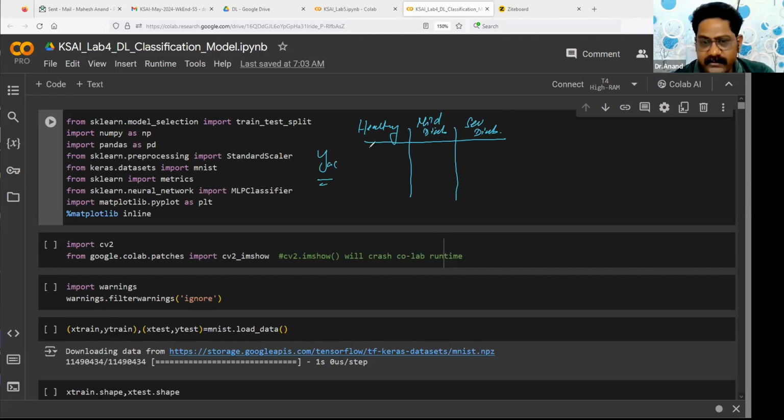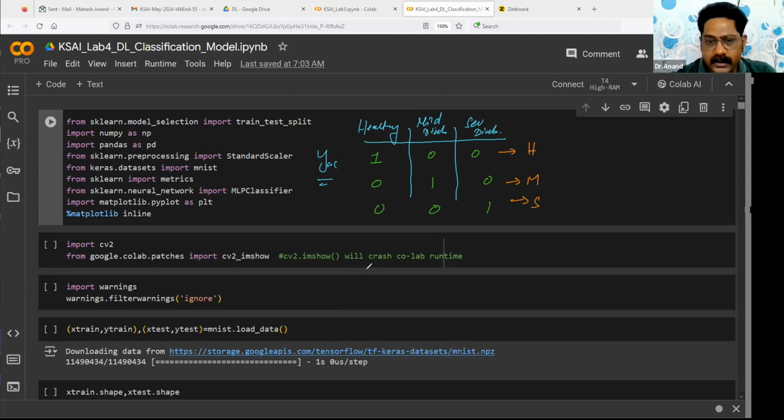Whenever we feed a healthy record, the label should be 100. This is one hot encoding. This is for the healthy record. 010 for mild diabetic, 001 for severe diabetic record. So let me label this: this is the actual label for healthy, this is for mild, and this is for severe.